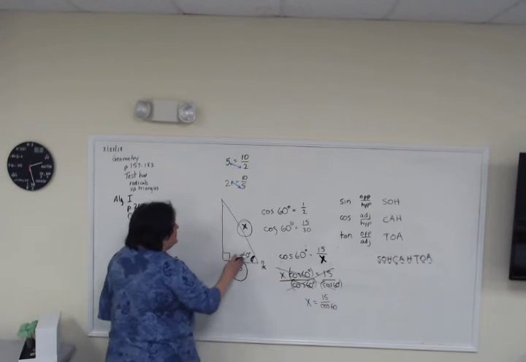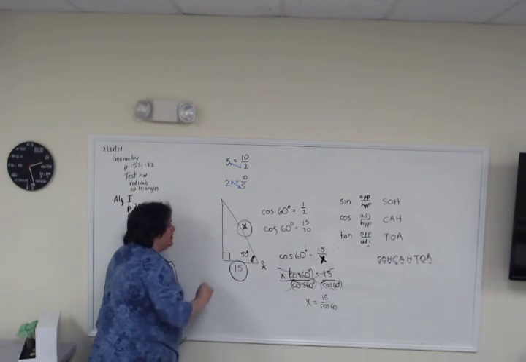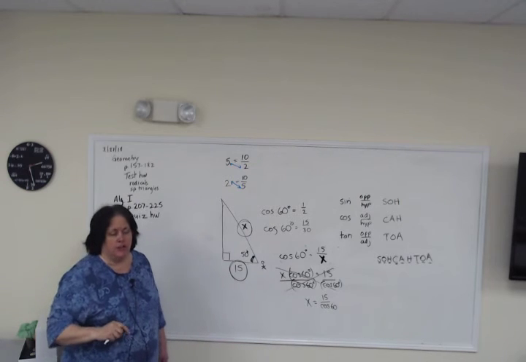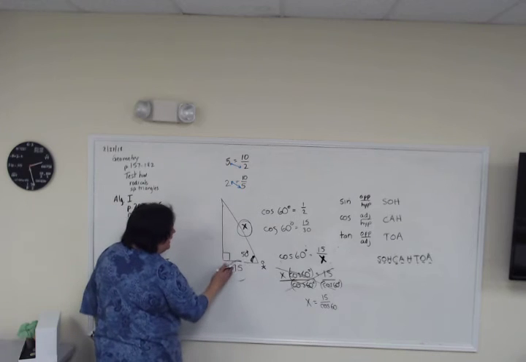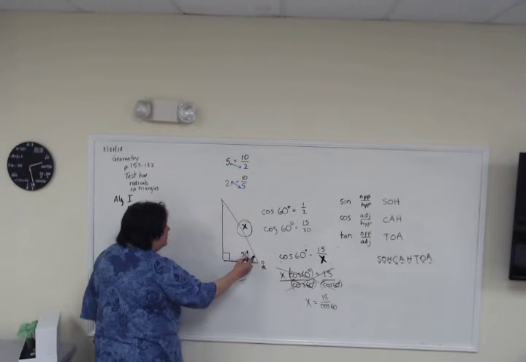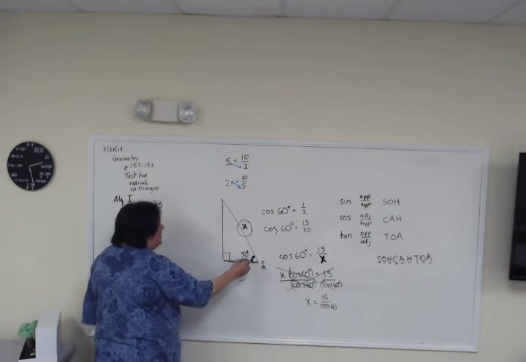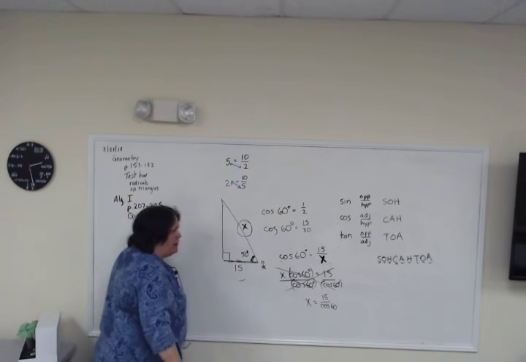Now, what if this were a 50-degree angle? Then what is the length of this hypotenuse? Well, we don't know that now because it's not a 30, 60, 90 triangle, but we can figure it out. From this angle, this is the adjacent side, this is the hypotenuse. I have the angle, I have adjacent, and I want to know hypotenuse.